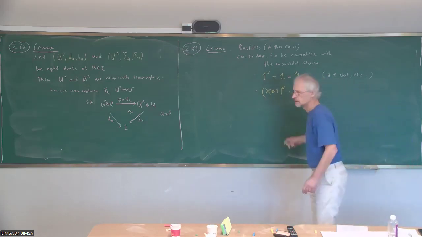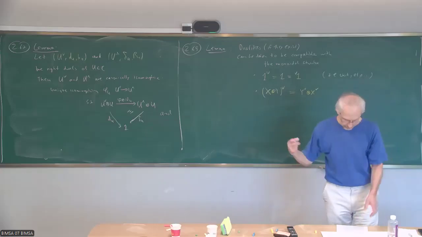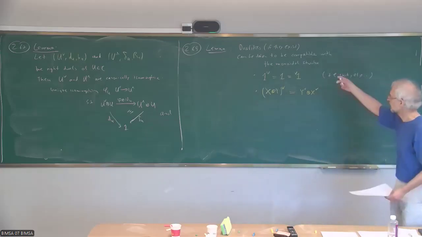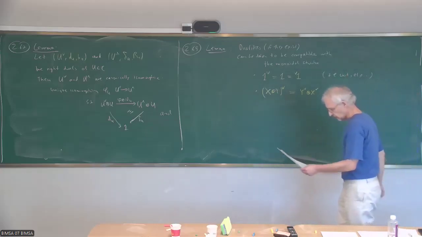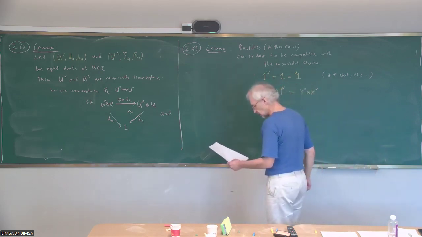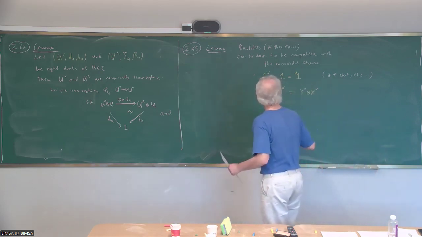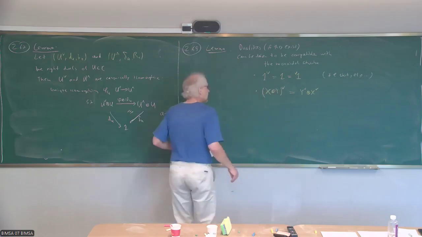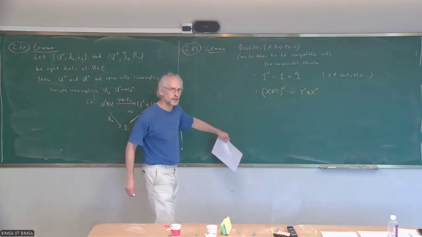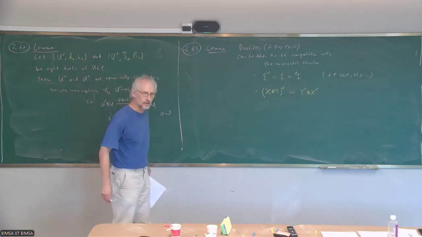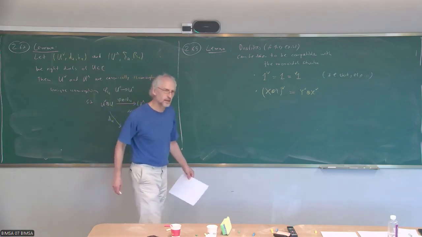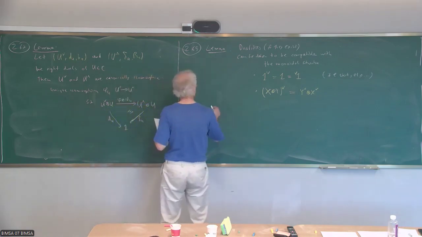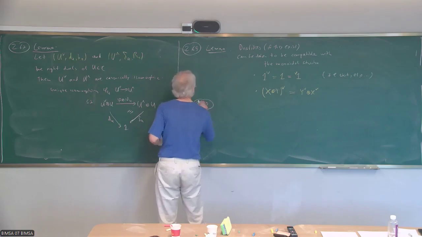And again, equality and not just isomorphic. Isomorphic they are always, and that we can choose this in a way such that this is an equality. This is not hard to prove in terms of formulas, but it's even easier if you use graphical calculus. So I prefer this for some minutes.